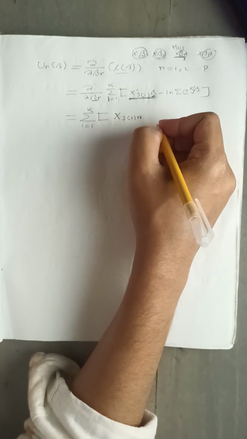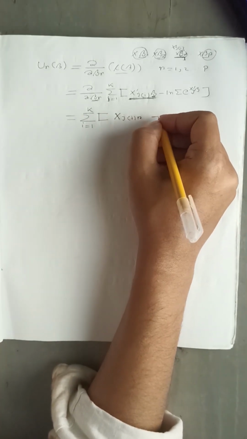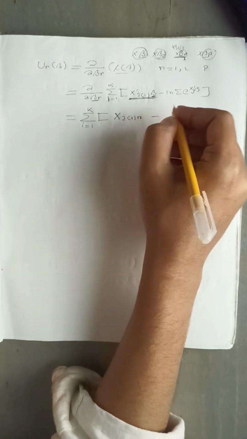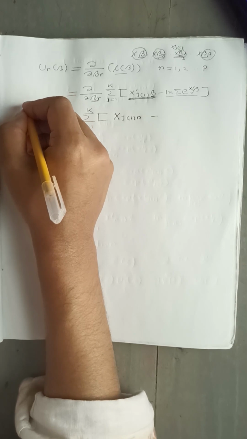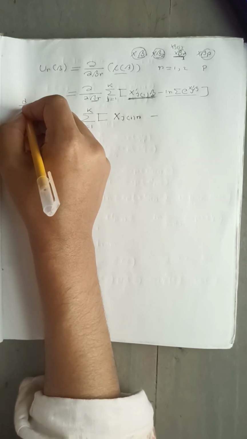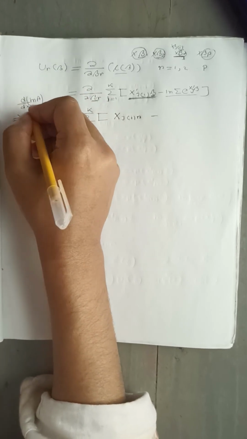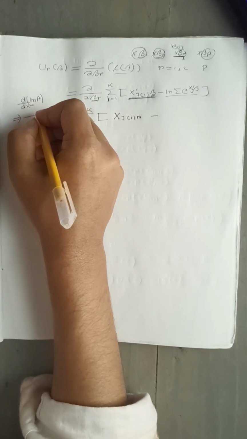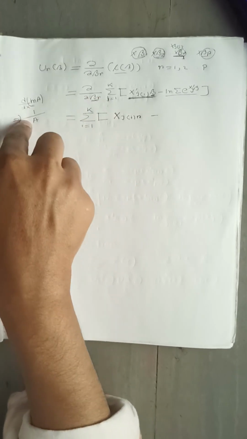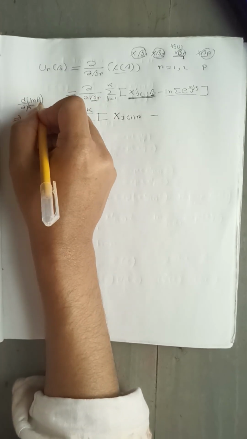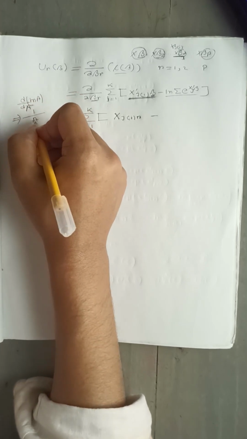Next, I will have minus. You have to understand this ln of something. When we derive d by dx of ln a, I will have 1 by a.